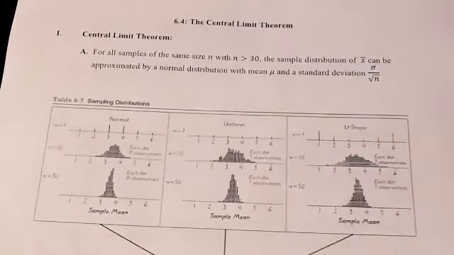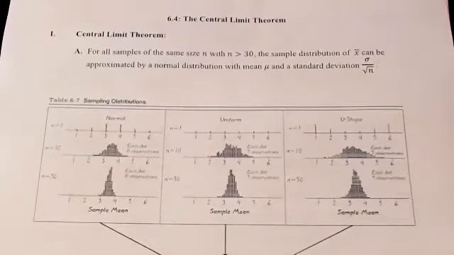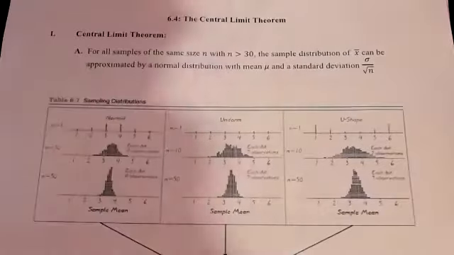With the central limit theorem, this is an interesting idea that as sample size increases, a distribution approaches a normal distribution. So I wanted to definitely have this visual for you so that you can see what's happening here. So check this out. For all samples of the same size n, where n is greater than 30, that's actually really important to note.